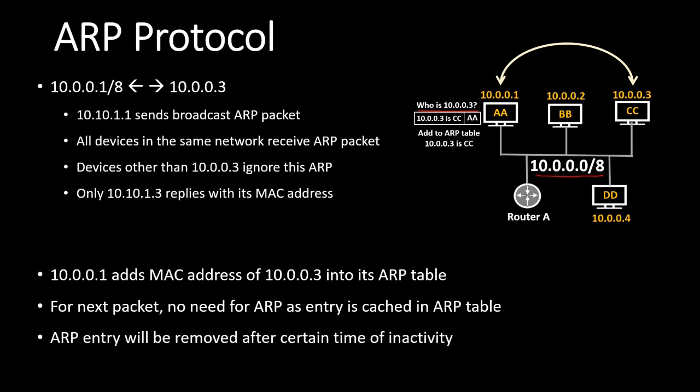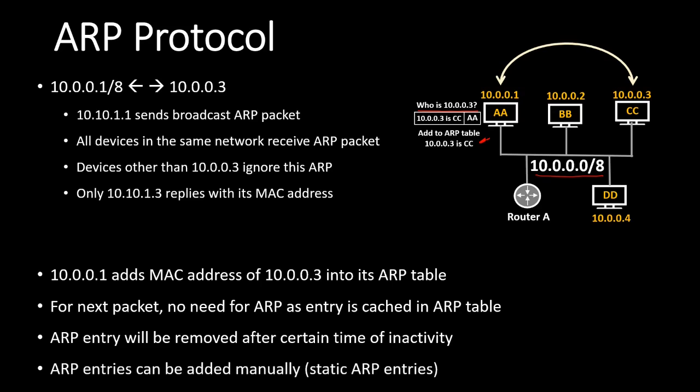But after some time of inactivity, this ARP entry will be removed from the ARP table, and after removing it, host A needs to send another ARP packet if it wants to communicate again with CC or any other device in this network. ARP entries can be added manually, and in this case we call them static ARP entries, which is not common. Usually it is preferred to keep ARP entries dynamic to accommodate any change or movement in the network.